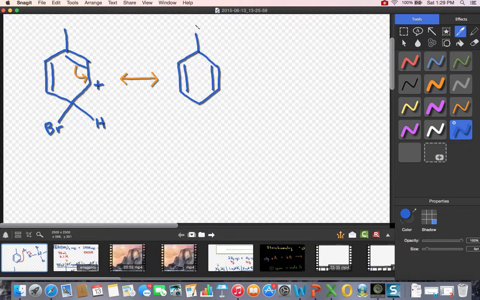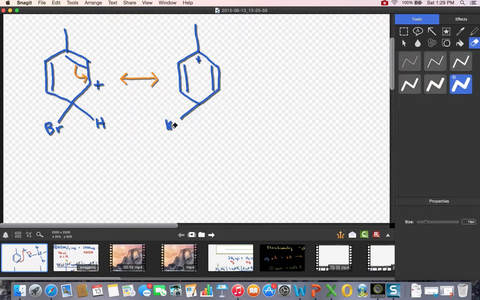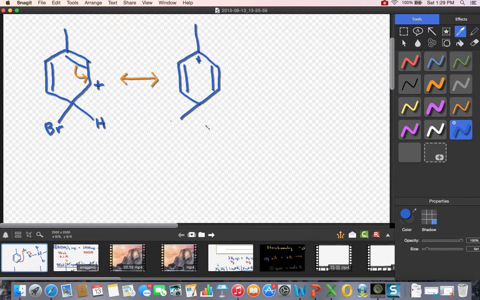This carbocation in particular is really stable because not only is it allylic, but it's also tertiary. And of course, you could have one other sigma complex.